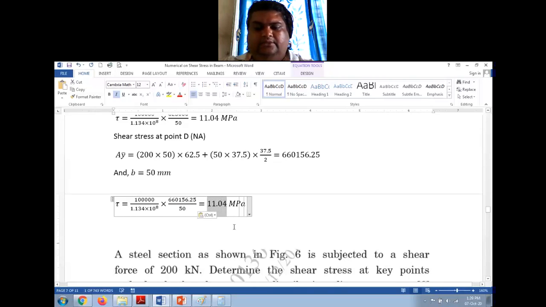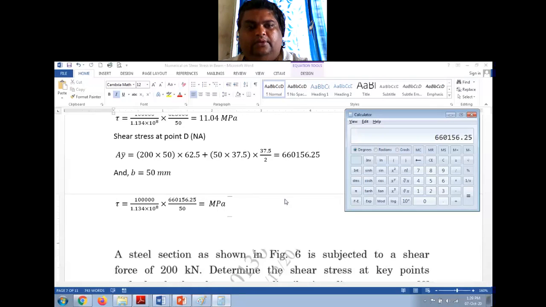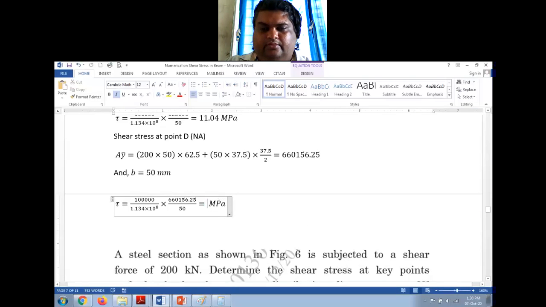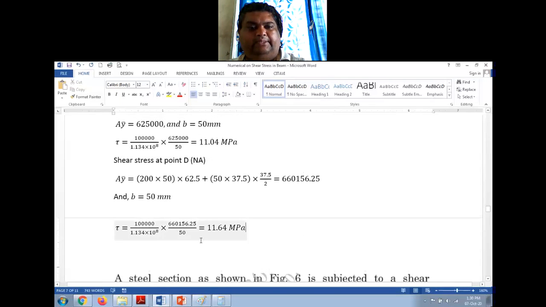So let us calculate this. 100,000 into 660,156.25 by 50 by 1.134 by 8, 10 raised to... So it is 11.64 megapascal. 11.64 megapascal.